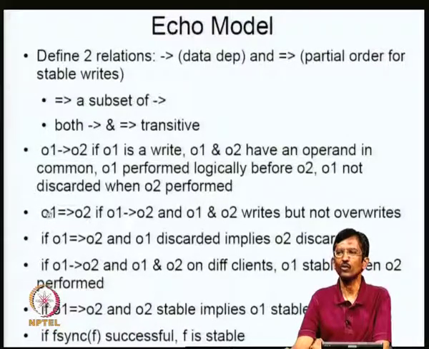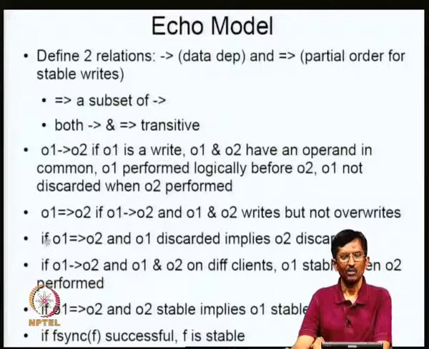We are saying that if O1 goes to disk, then O2 could be discarded. The fact that O1 has gone to disk does not mean that O2 also has to go to disk. It does not matter. All it is saying is that there is an order in which these two have to become stable. That's all it is saying. They already have a connection with respect to the dependence, but I am also telling it how it should happen in case I flush to disk.